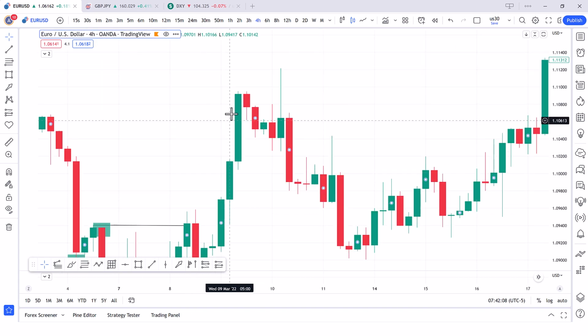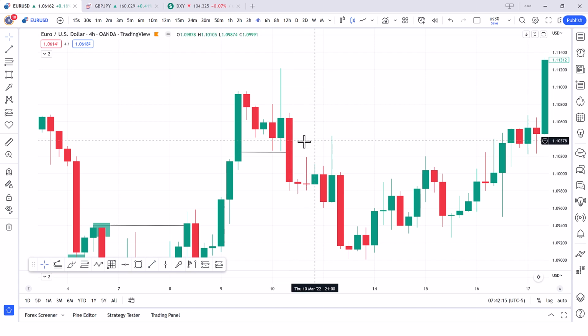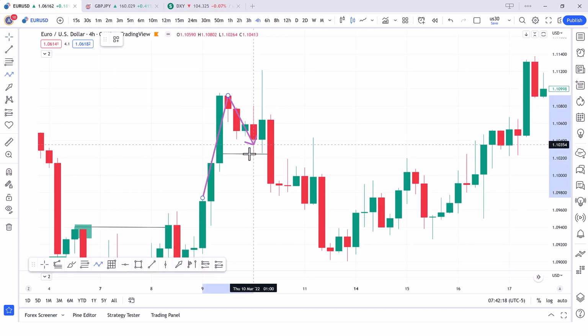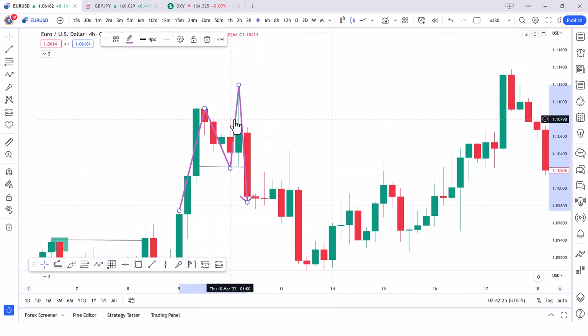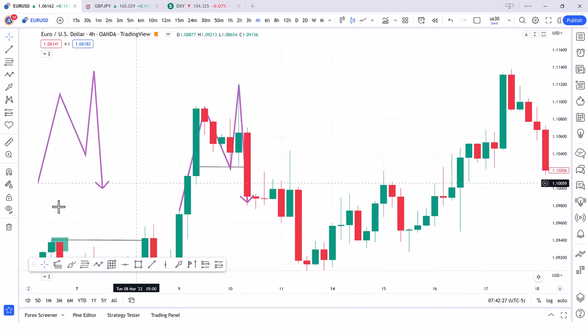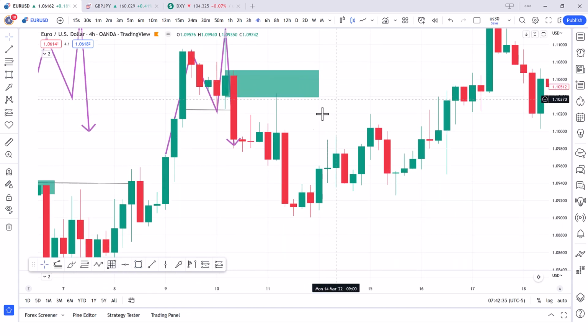The market traded upward, and here is our next minor pivot. Why? The market went up and it broke downside, and it's the schematic that we talked about. So we have even an order block which works right here.